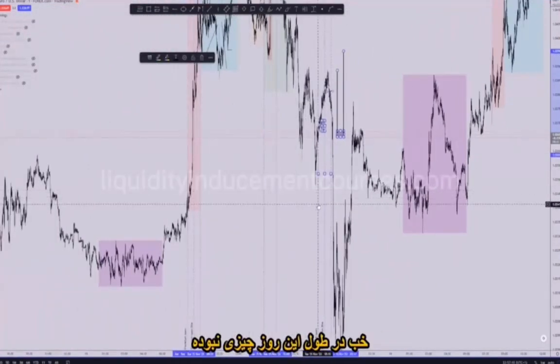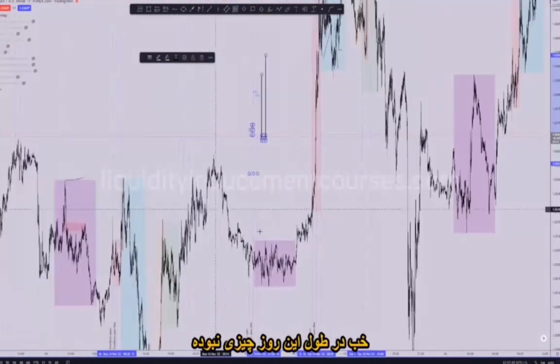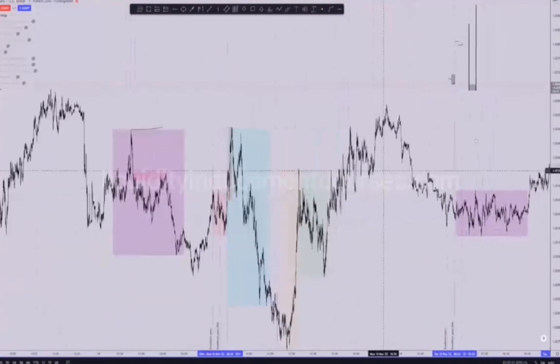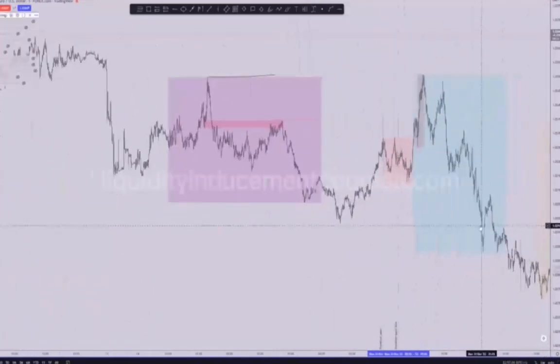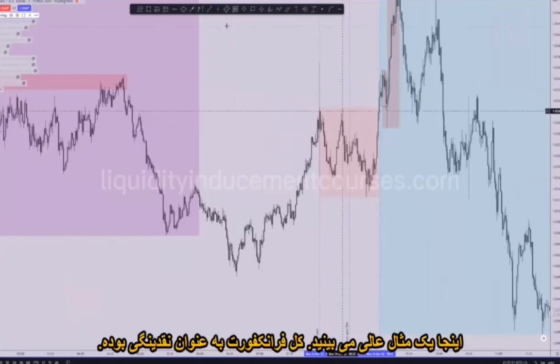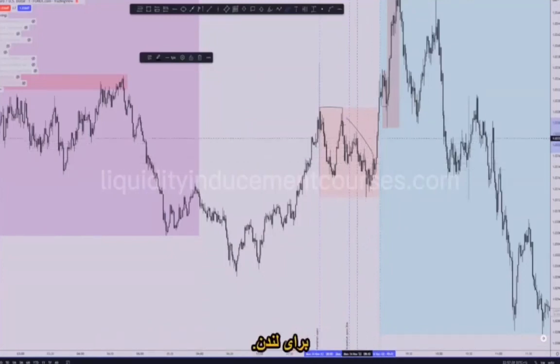Oh, there was nothing on this day. Oh, this. Okay, perfect. But it doesn't work every day, as I said. Here you can see a perfect example, because the whole Frankfurt served as liquidity for London.